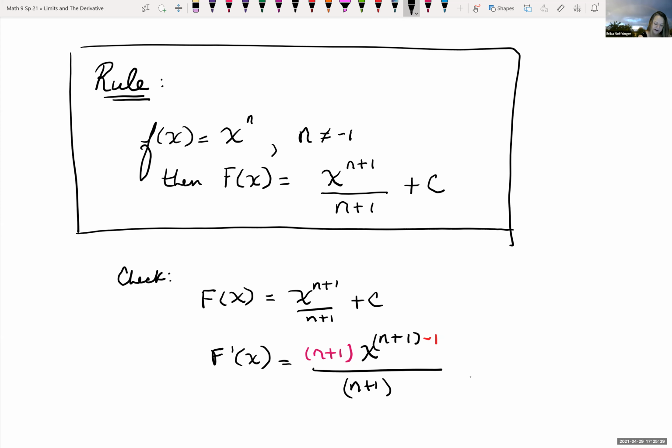Derivative of a constant is 0. So simplify, our n plus 1's cancel. And this is x raised to the n plus 1 minus 1 power. So the 1's cancel, and we're just left with x to the n, which was our original. So right now, when you're first figuring out an antiderivative, you might want to test it, take the derivative of it, and make sure that you got back the original function.